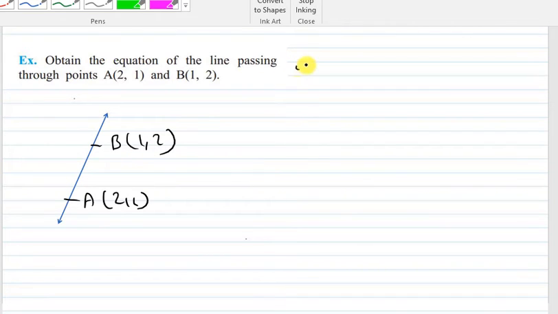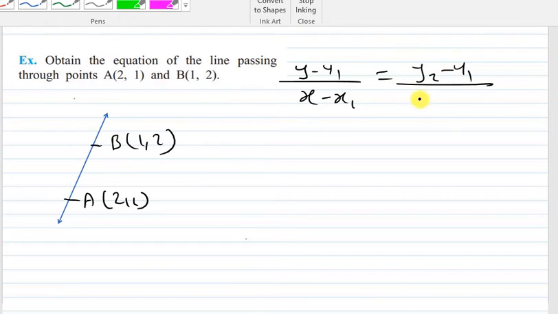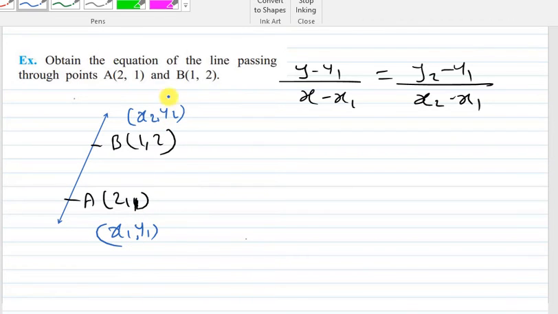What was the formula? (y minus y1) upon (x minus x1) equals (y2 minus y1) upon (x2 minus x1). Let's suppose point A is your x1, y1, that is first point, and point B is your x2, y2, that is second point. Now put the respective values.